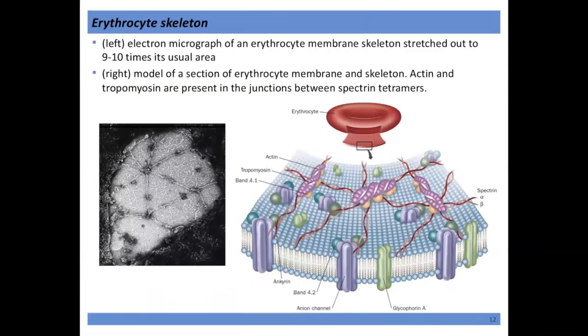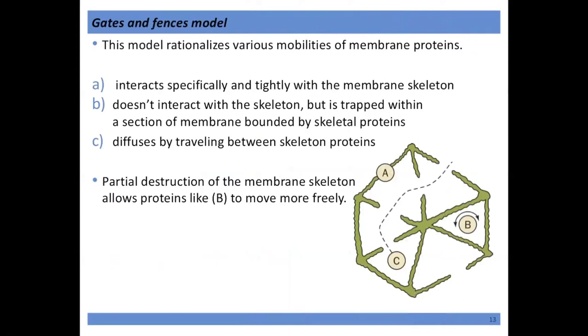In fact, you can see that it matches up with this picture over here. If we want to understand how proteins are mobile, you can use this gate and fence model. If we look at A there, it's going to interact tightly with the membrane skeleton, and so we would expect that type of protein not to be mobile in the membrane.